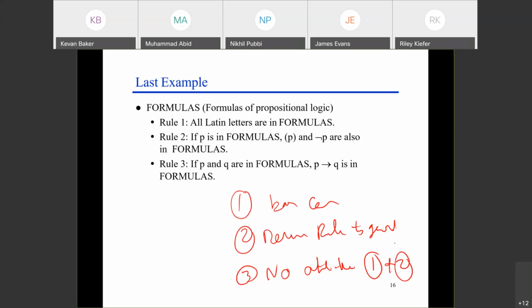So this is the template. If you follow this template, you are good. This is just written in a very short way. So these are the three rules basically. But you may have more than one base case, and you may have more than one rule. But it should match the template.